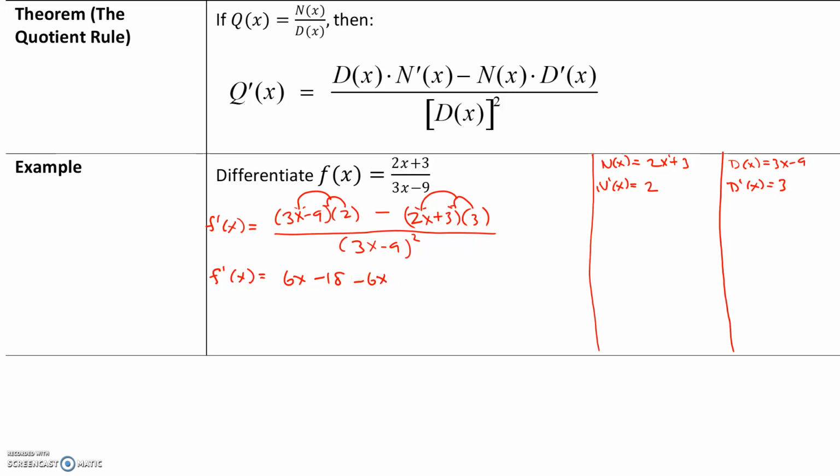Okay, let me go over that one more time. 3 times 2x is a positive 6x, but the negative sign makes it into a negative 6x. Similarly, 3 times 3 is positive 9, but you got that negative, so it's going to make it into a negative 9. Divided by 3x minus 9 to the second power. 6x minus 6x is 0, so our answer is negative 27 over 3x minus 9 raised to the second power.